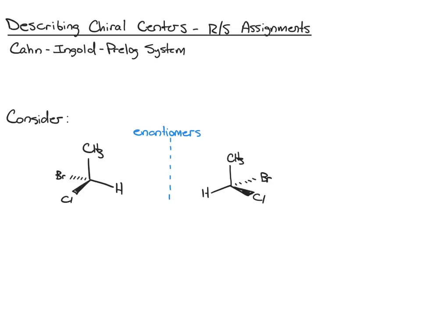In this lesson, we're going to learn a new way to describe chiral centers using what's known as R/S assignments. And this is based on the Cahn-Ingold-Prelog system, which is a system essentially developed to prioritize groups.